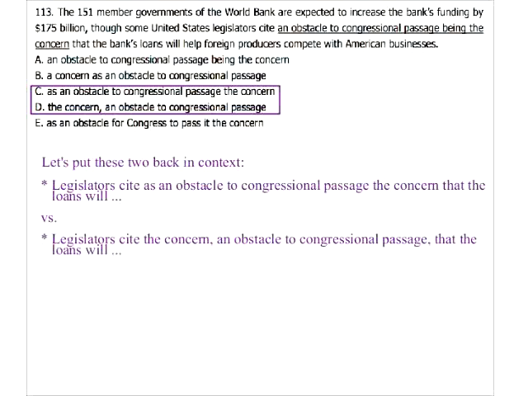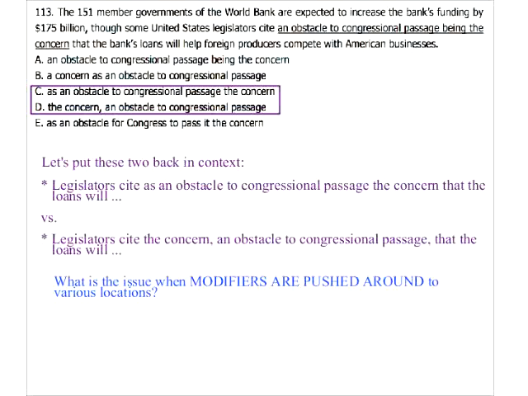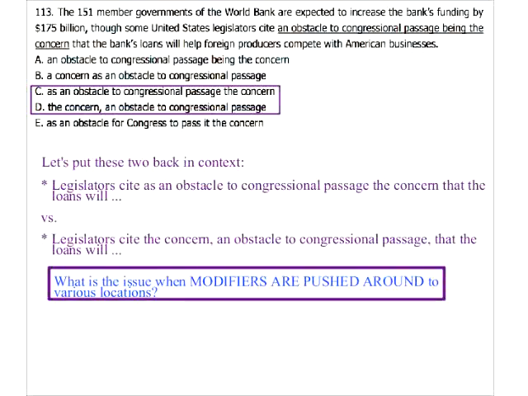So what are they doing here? What they're doing is they're just taking modifiers and shoving them around all over town here. So what is the issue when modifiers are pushed around to various locations? Does anybody know what you should be thinking about in that sort of situation?